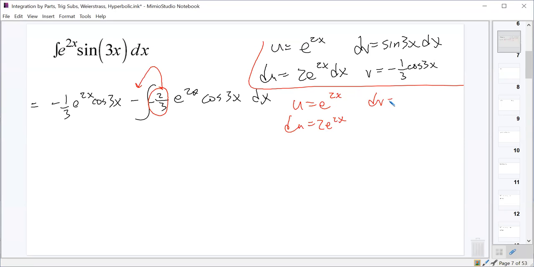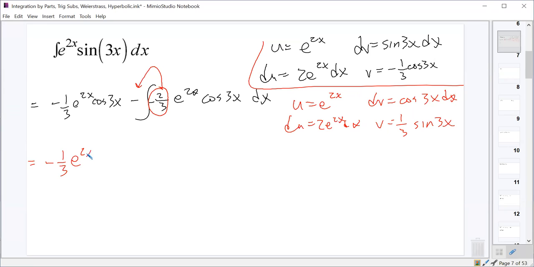And dv will be cosine 3x dx, which tells us that v is equal to 1/3 sine 3x. Good or no? Everyone good or no? Yeah, that's good.